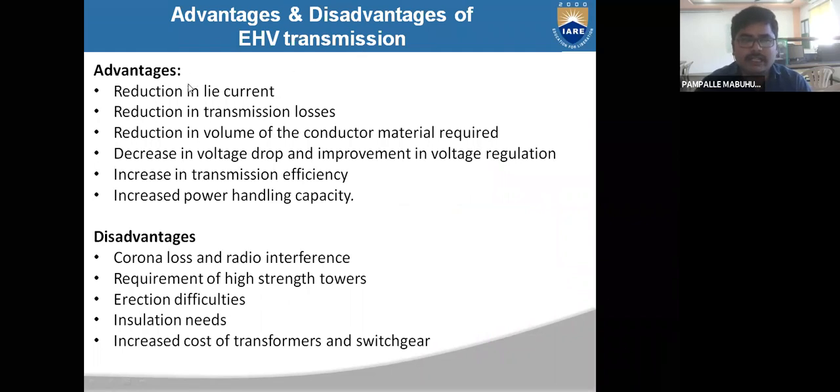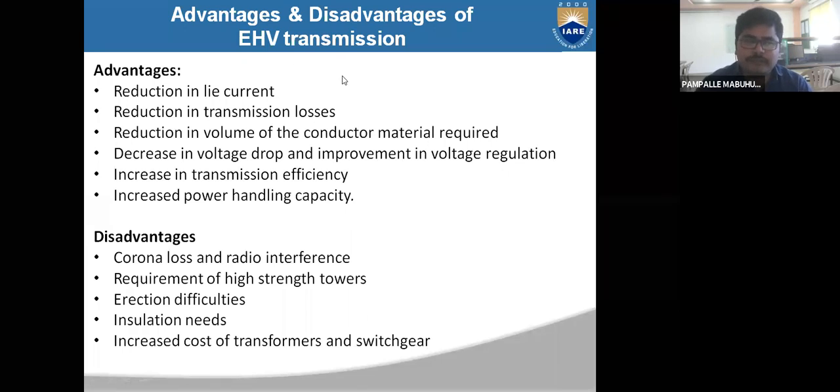As I said before, the advantages of EHV transmission are a reduction in line current, so this one is line current, and there will be a reduction in losses, and the volume of conductor material required is reduced, and there is a decrease in voltage drop. So because of the decrease in voltage drop, voltage regulation will be improved, and the transmission capacity and transmission efficiency of the system also will increase. Okay, transmission efficiency will increase, and power handling capacity also will increase because of this extra high voltage transmission system, right?